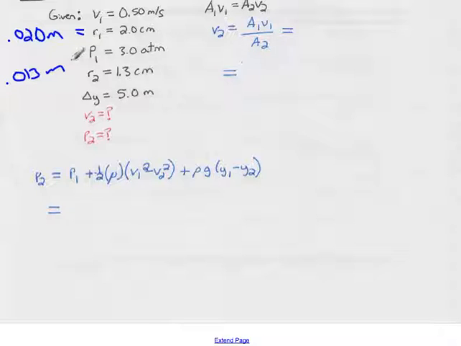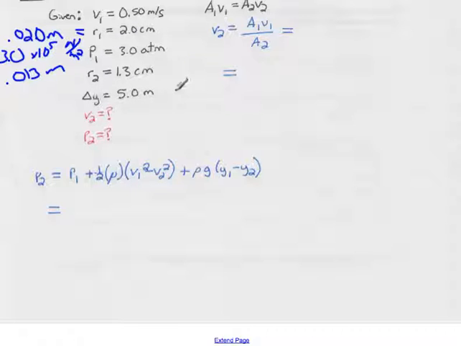And if I do significant figures, that gives me 3.0 times 10 to the 5th. And remember that unit is Newtons per meter squared. Force per area, that's a pressure, that makes sense. Okay, we've got all that worked out.